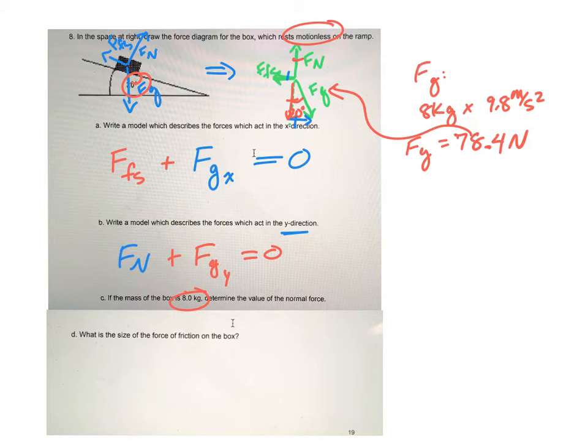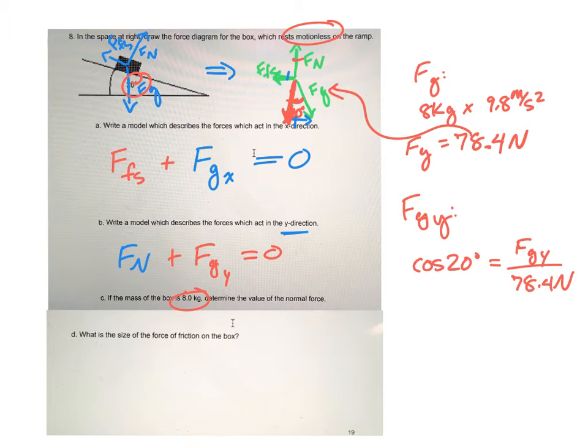If we want to know the normal force, we need the y component of that number. So the FGY, in this case, 20 is your angle. That means the FGY is the adjacent side, which means we're going to need the cosine. So the cosine of 20 degrees equals the adjacent, which is the force of gravity in the y direction, divided by the force of gravity, which we already calculated for, 78.4 newtons.